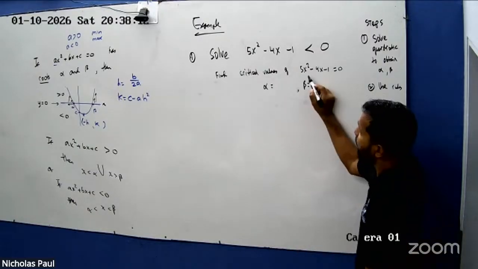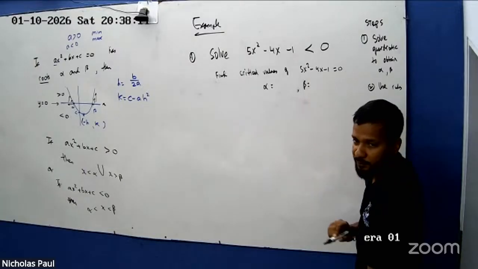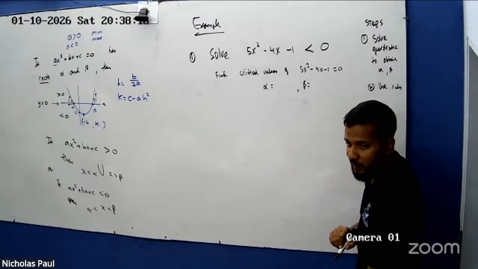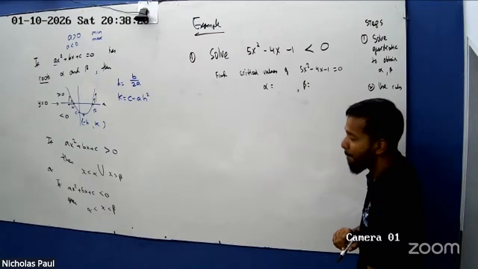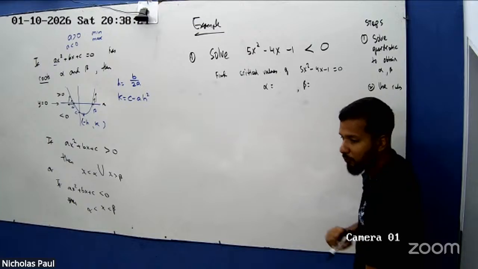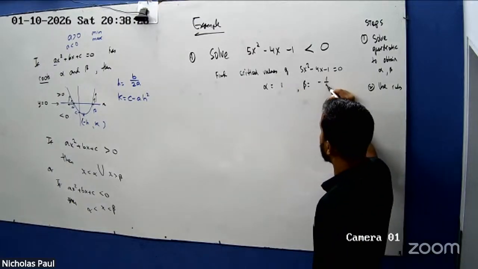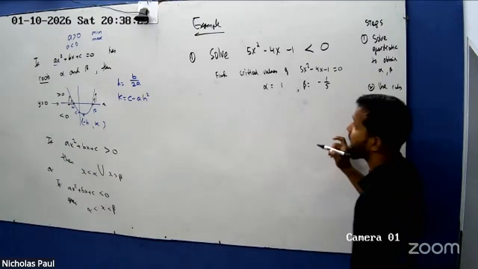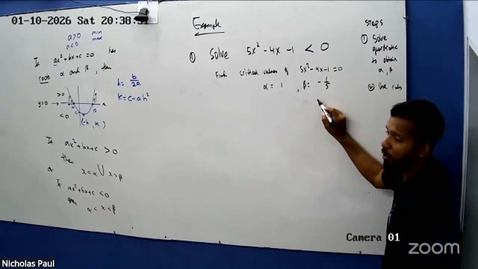Solving it, we get 1 and minus 1 over 5. Nice. So we found the critical values. All your hard work is finished.